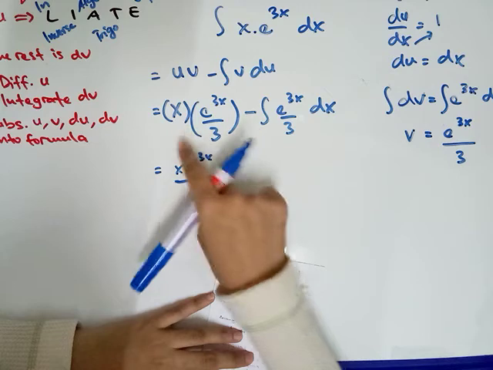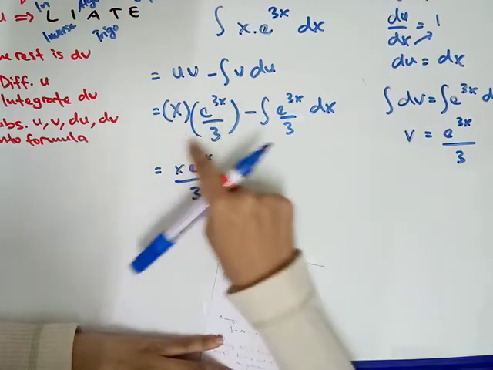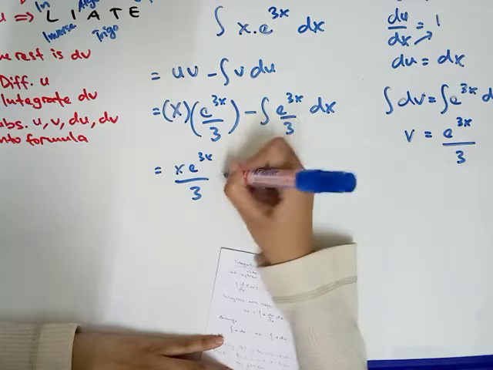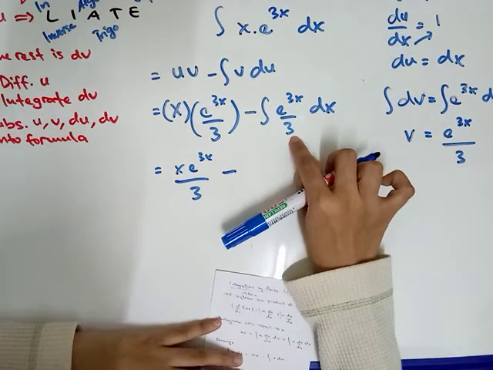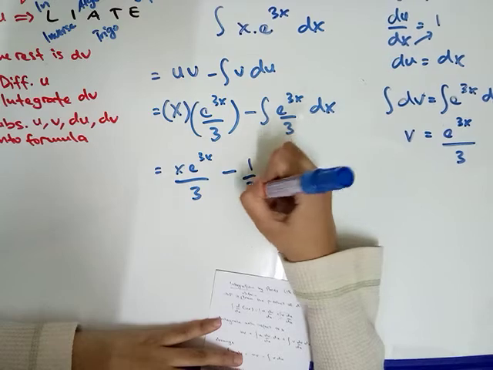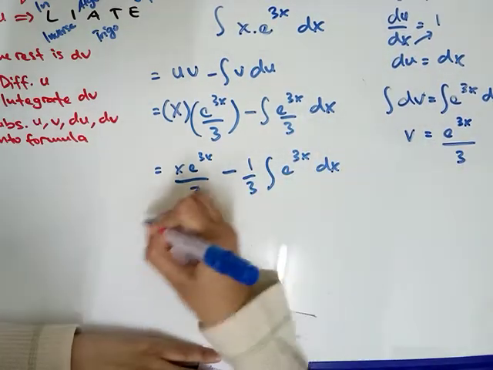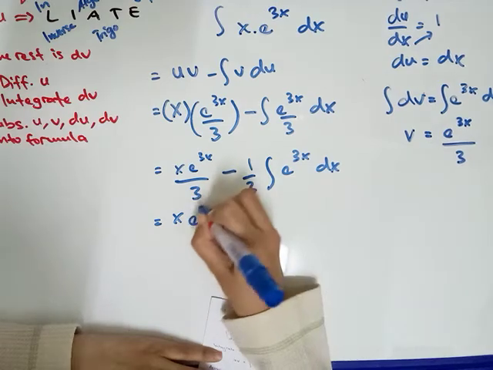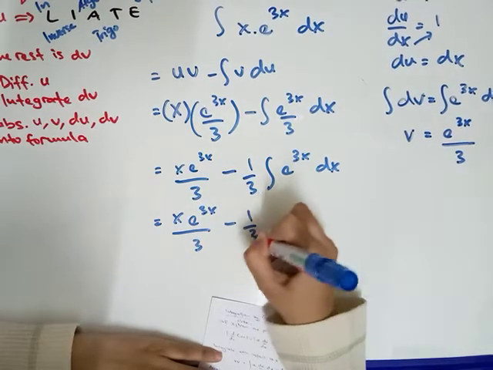Satukan, tak apa, tak ada masalah kalau awak nak satukan over 3 sebab dia dalam konsep multiply. And then minus, 1 over 3 is a constant number. Take out the constant number. Integrate exponent 3x dx. So, x exponent 3x over 3 minus 1 over 3.